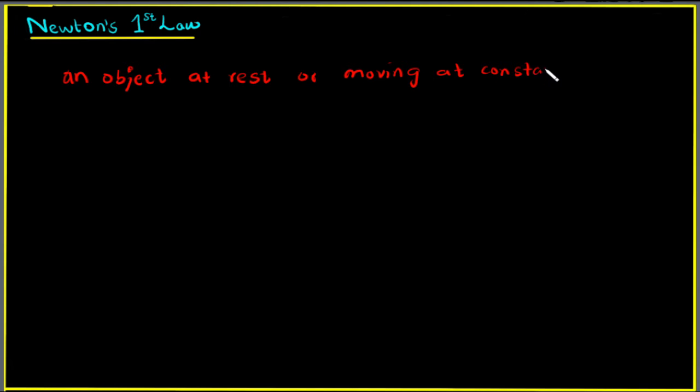So there are two cases that we have discussed in this first line that I've written here. An object at rest or moving at a constant velocity or speed, in a straight line. We are not talking about circular motion yet.